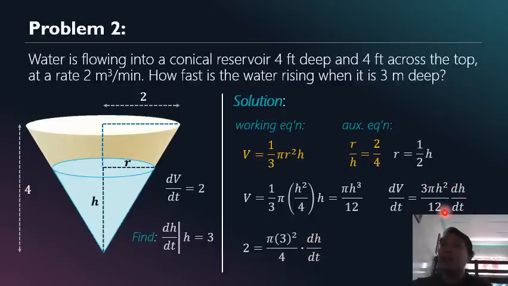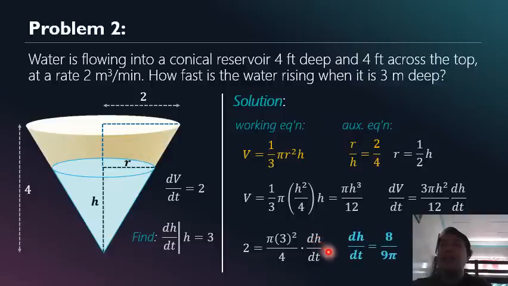By the way, itong 3 over 12, ating sinimplify na as 1/4. Kaya po 1 at saka 4 ito. Tapos sinubstitute natin yung height na 3 na given. So, ano na ngayon ang dh over dt mo? Your dh over dt is equal to 2 times 4, so that is 8. Tapos ito, magiging nasa denominator na 3 squared is 9.